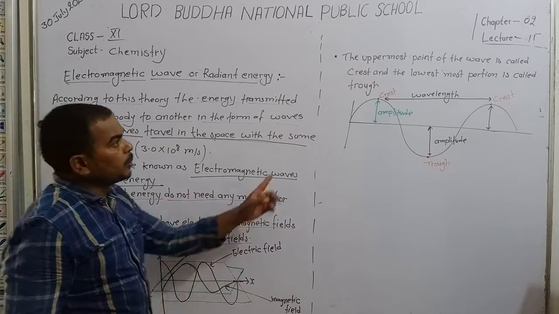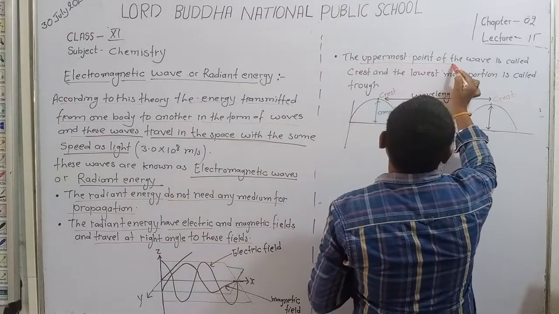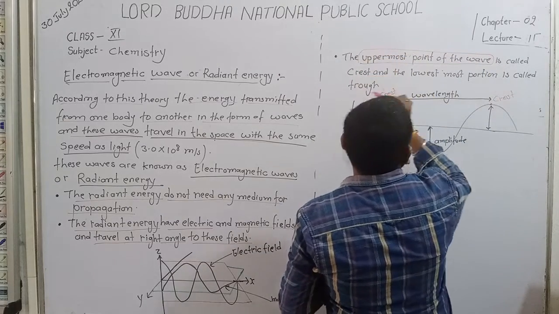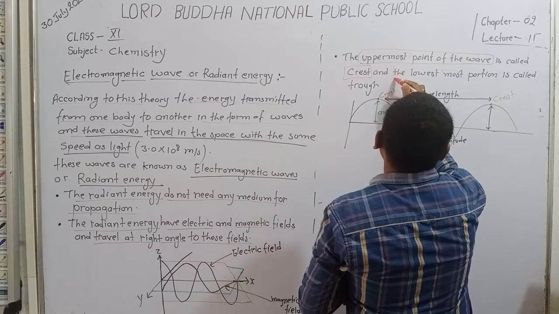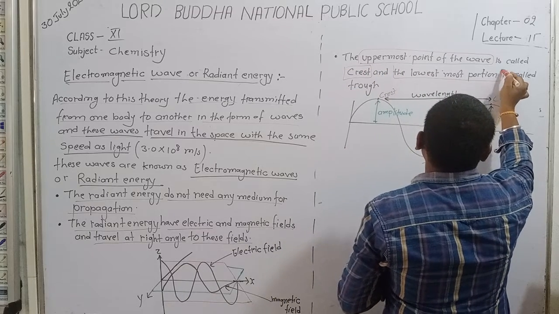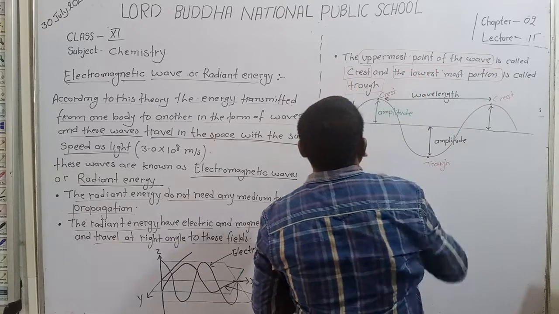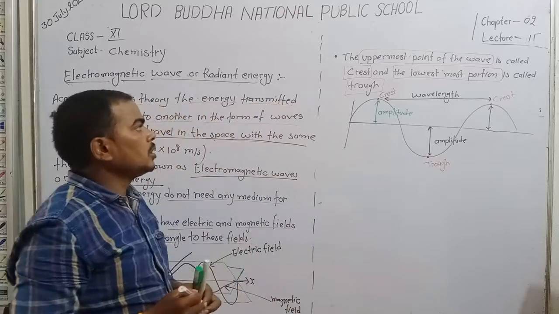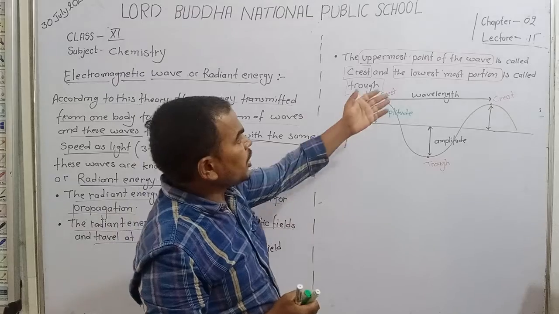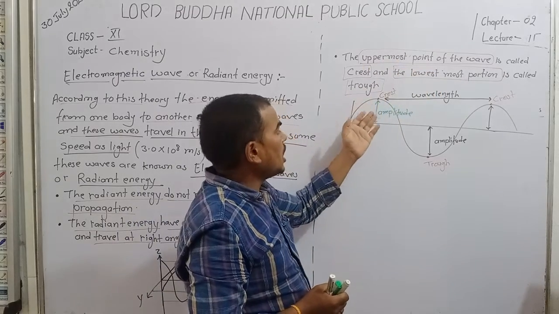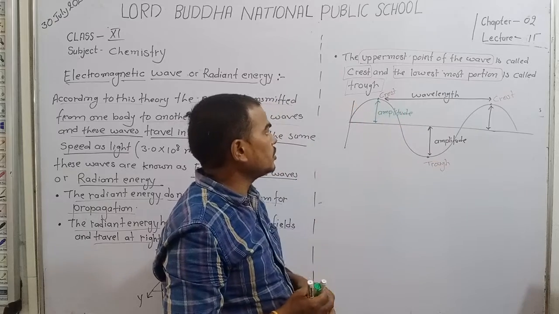In a wave, the uppermost point of the wave is called the crest, and the lowest portion of the wave is known as the trough.